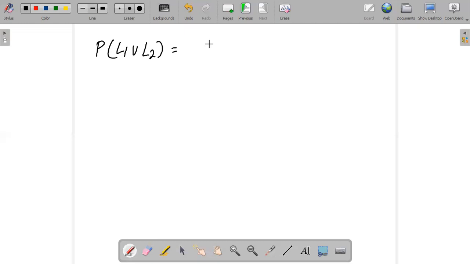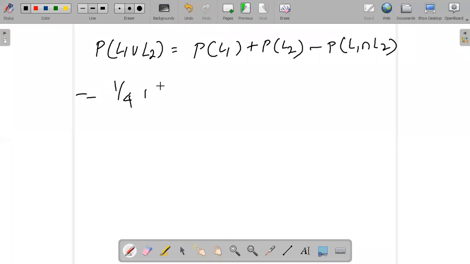Since we have the formula, P of L1 plus P of L2 minus P of L1 intersection L2, minus 1 by 10.